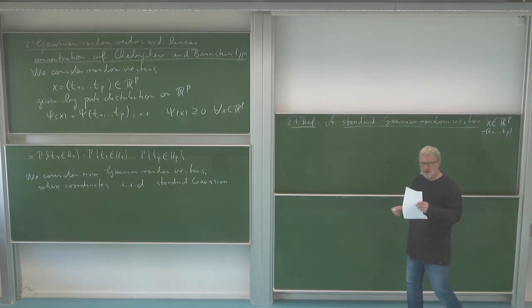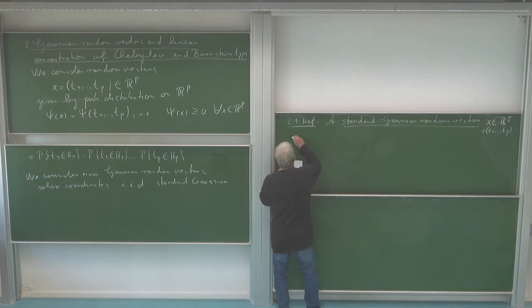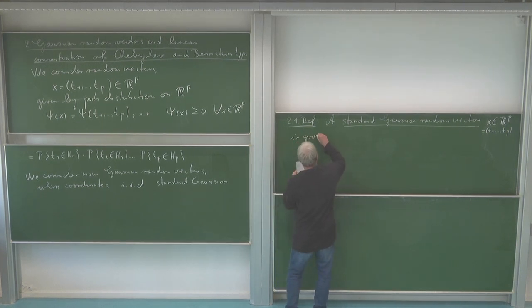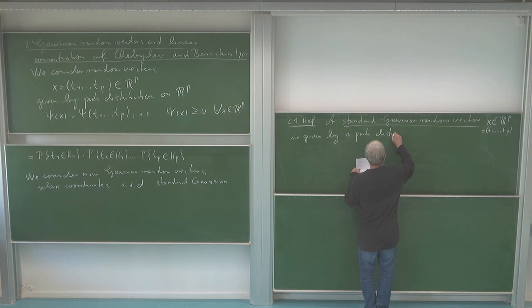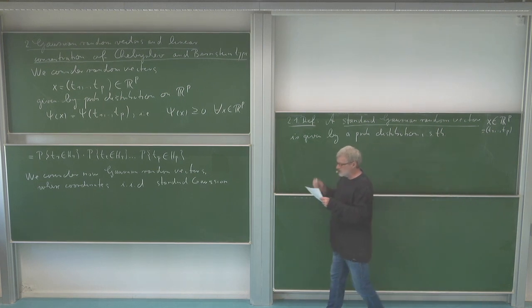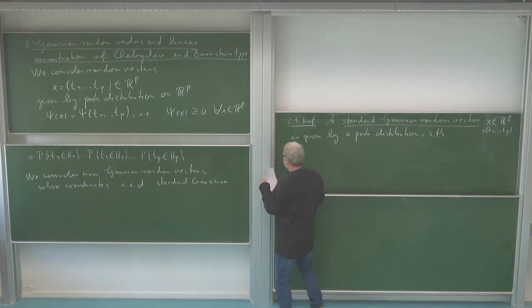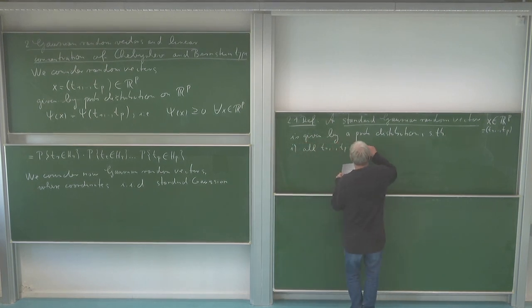So this is given by a probability distribution, a density, such that we have what I said before. We have that all the coordinates are independent. So all t1 up to tp are independent.